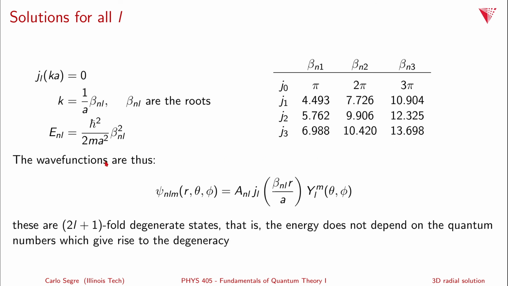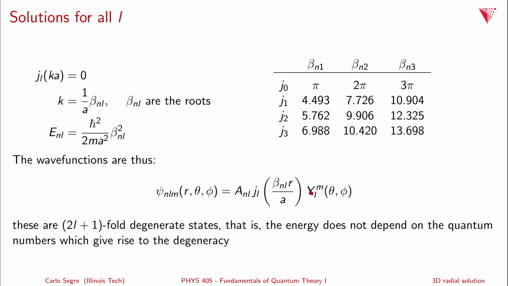So these states are 2L plus 1 fold degenerate states. Because the energy depends on beta, that means it doesn't depend on M. Right? It only depends on L and N. So beta sub NL depends on the value of L and the value of N, of course, because it's up here.